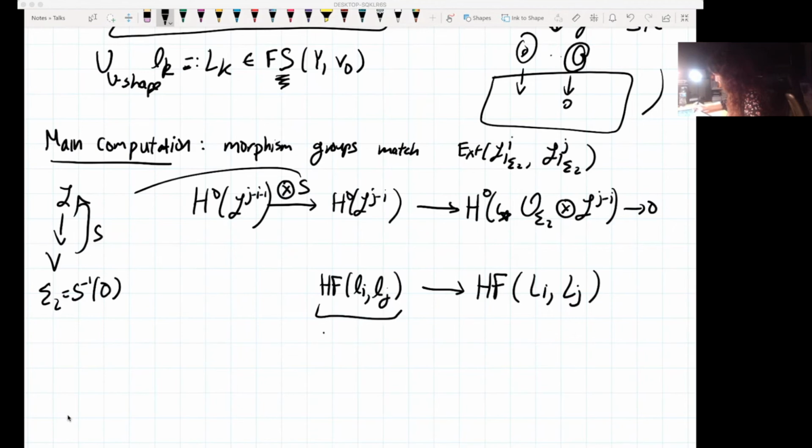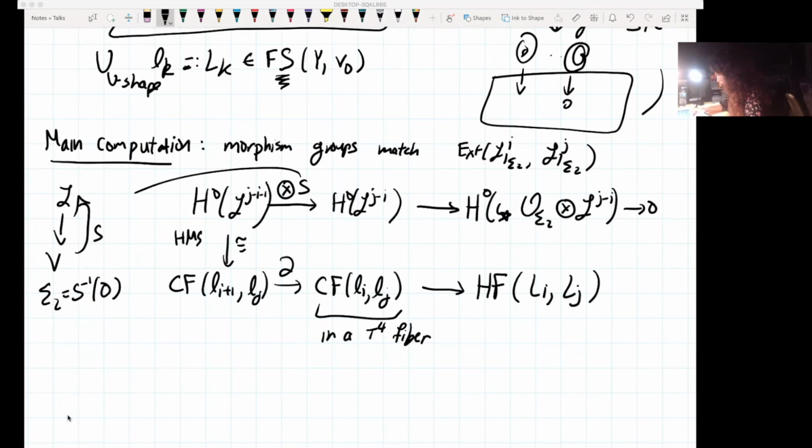So this is how fiber is put this is an isomorphism for here.